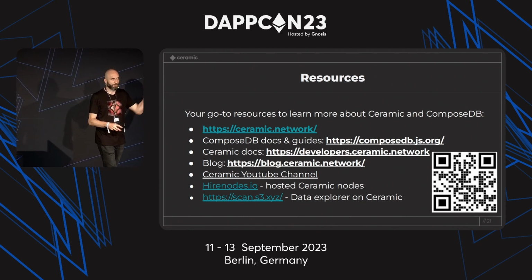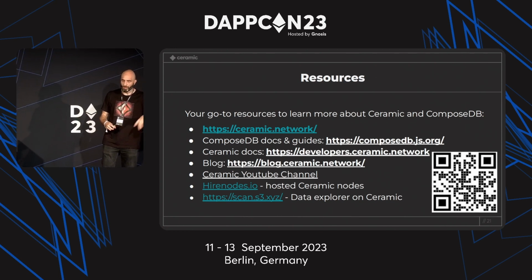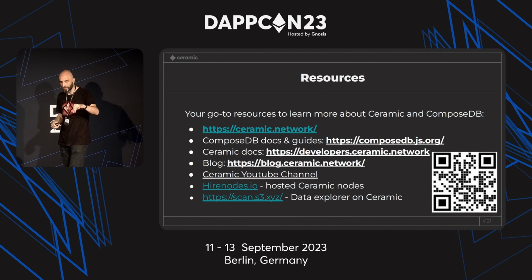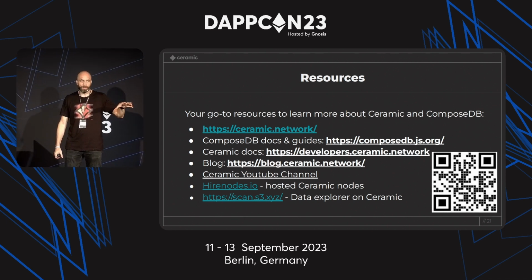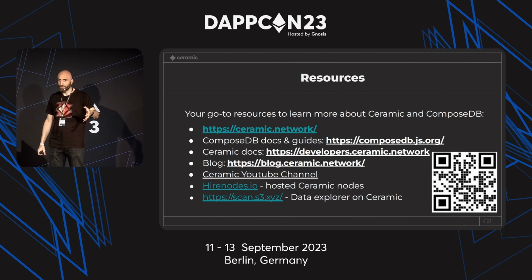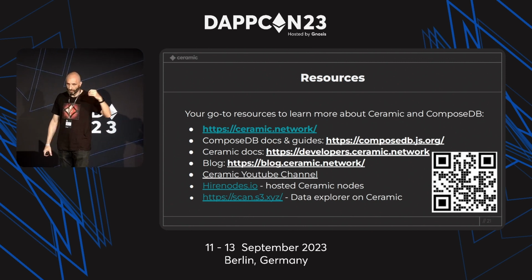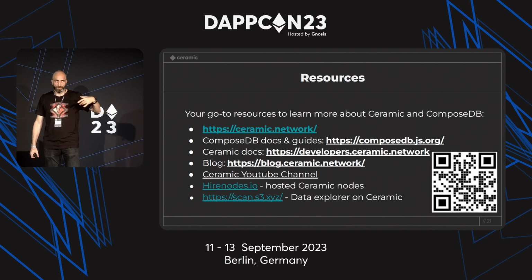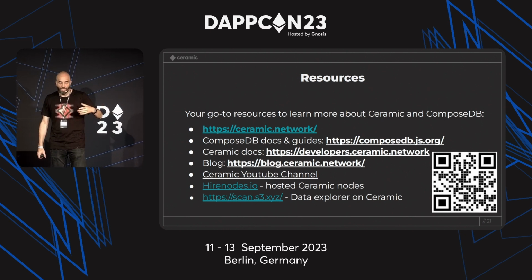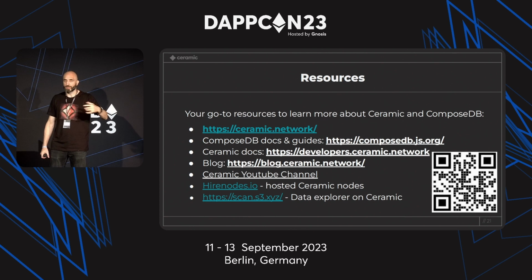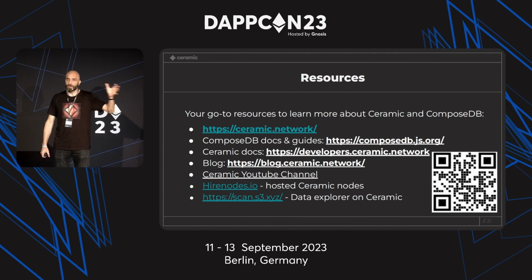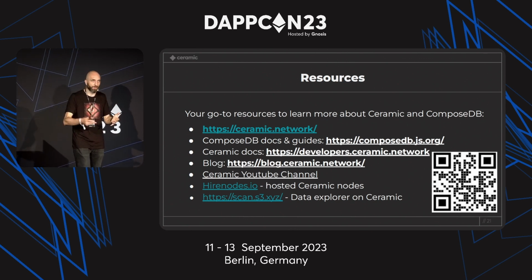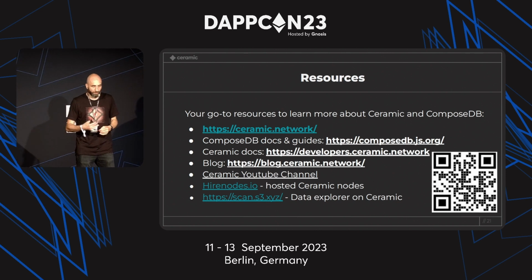So like I said, there are already defined models. If you go to the last link here, scan S3 XYZ, there are already different models defined. You can have a look at the schema of the structure of the model that you want to use. And if you do, then you can also choose to pull in all the data that is already in that model, or you can maybe just use that model yourself and start building your data yourself.